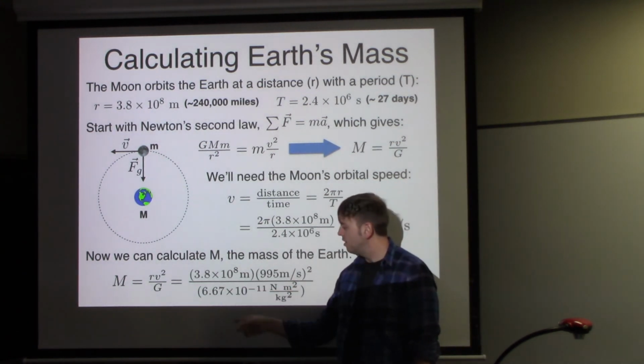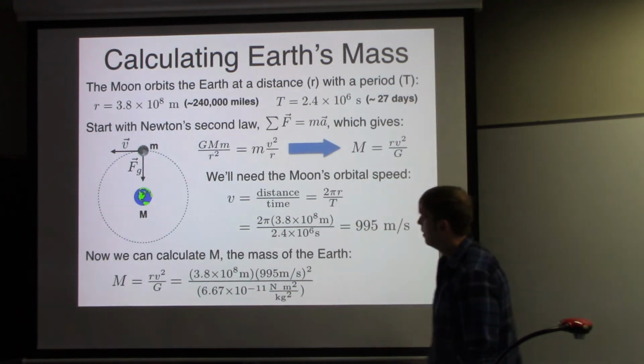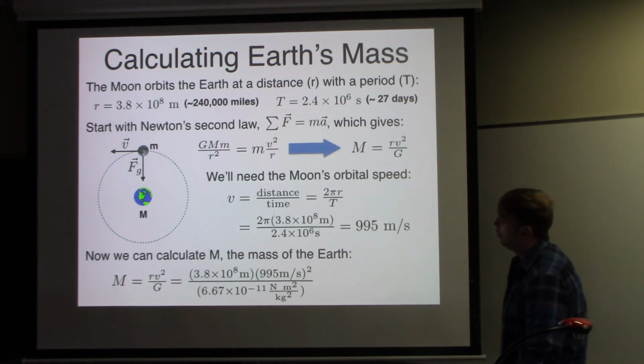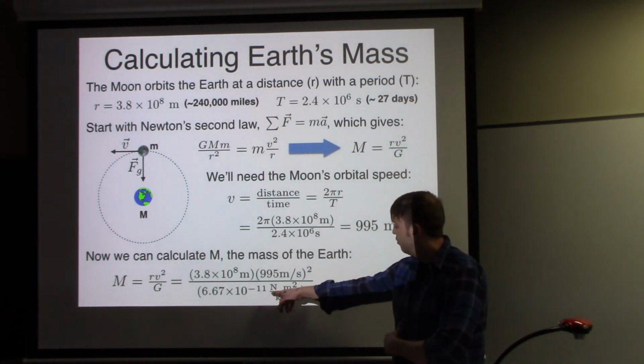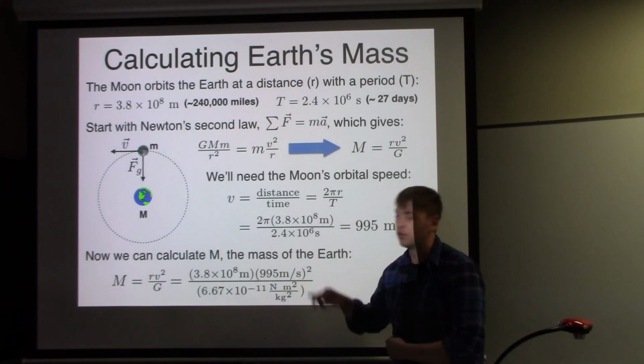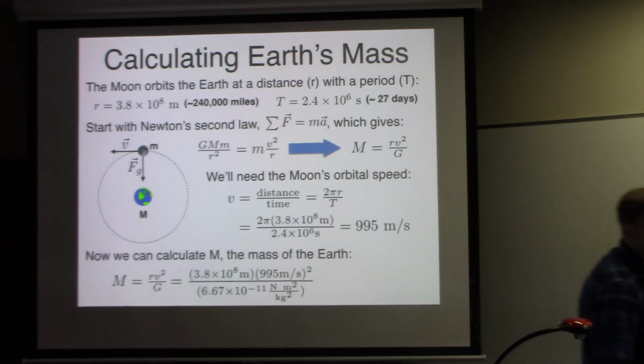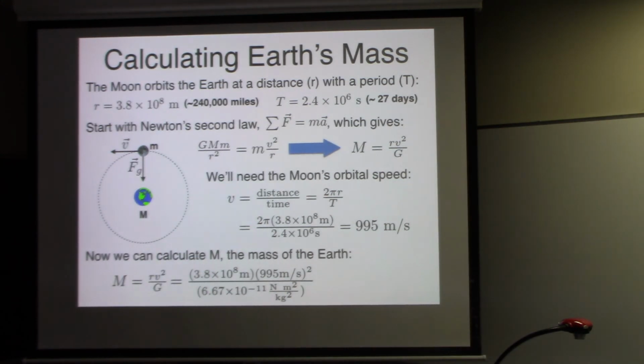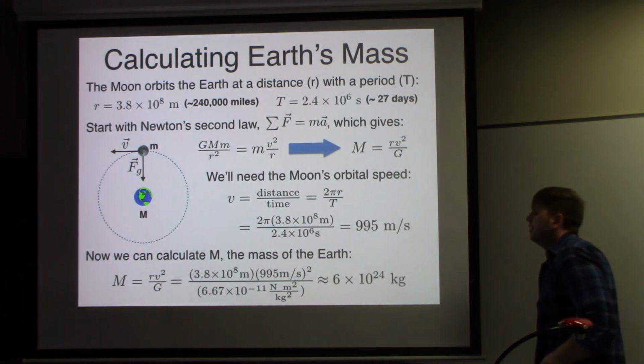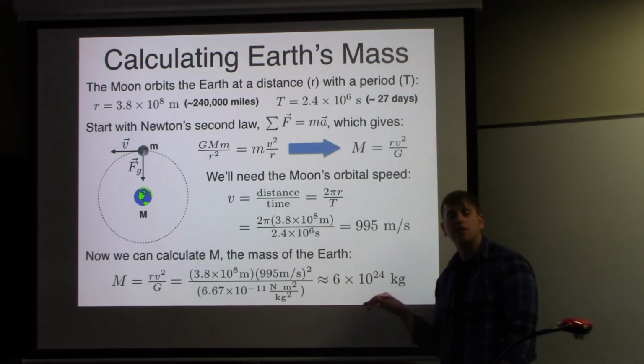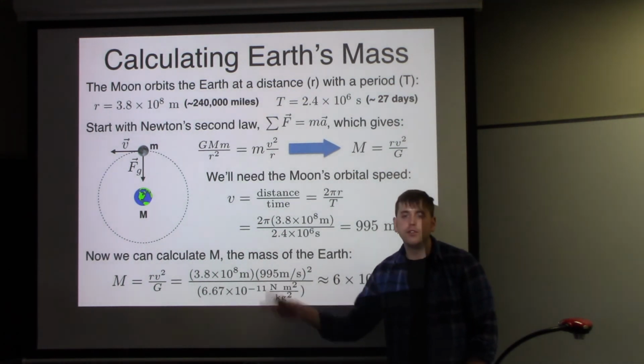Dividing it all by G, which is 6.67 × 10^-11, with units of newton meters squared over kilograms squared. I don't want to go through the whole unit analysis here. It does turn out that this ends up being in kilograms because it's a mass, and it ends up being about 6 × 10^24 if you do this calculation.